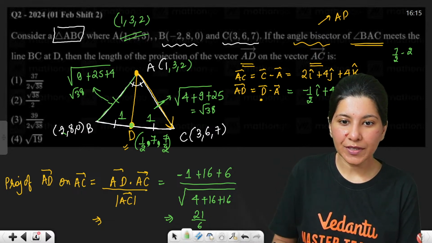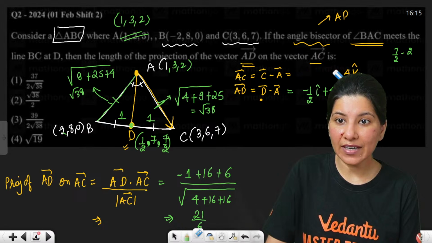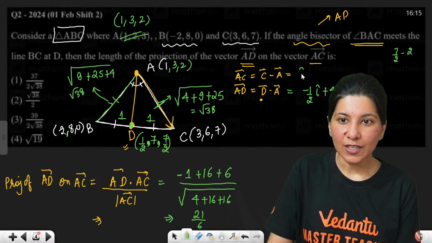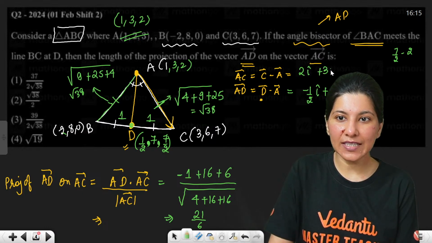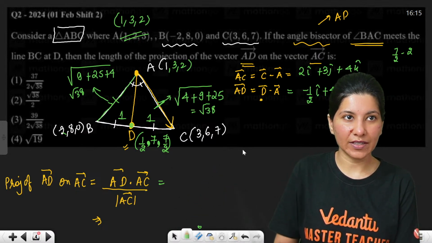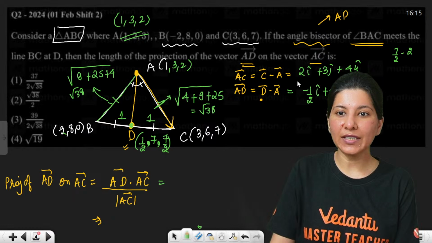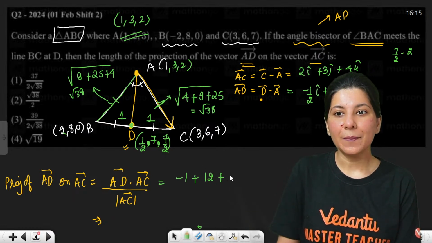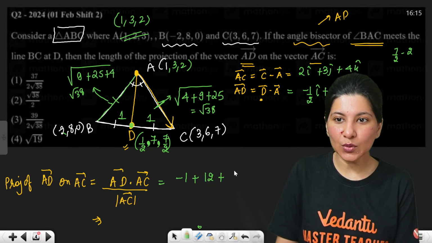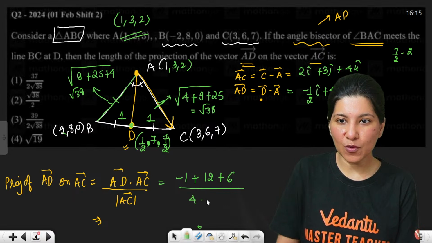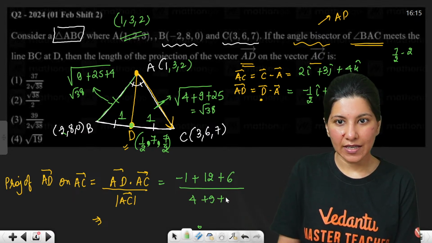Also, sorry for this, the AC vector we have calculated incorrectly. Now we have to do AC again: 2i cap plus 3j cap plus 4k cap. Now it's fine. So this is the AC dot AD vector. Now minus 1 plus 4 3s are 12 plus 4 into 3 by 2 gives 6, upon the magnitude of AC, which is 4 plus 9 plus 16.